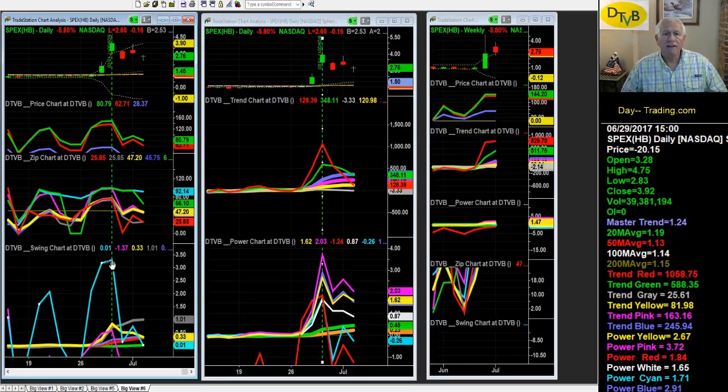It's a high value. There are 2 indicator lines that are high valued in the system. There are probably about 10 out of the 22 market force indicators that are more important than the others. But swing Zion is a price barometer along with zip pink and the 3 price lines, green, red, and blue.